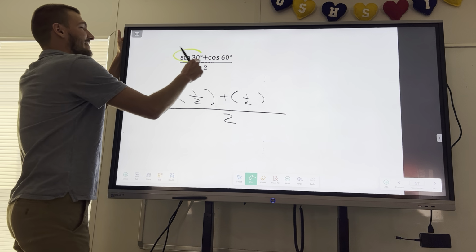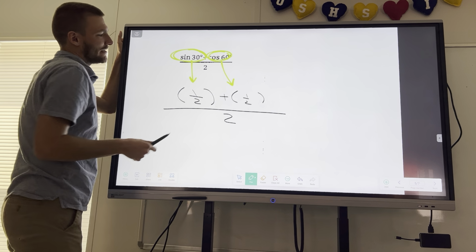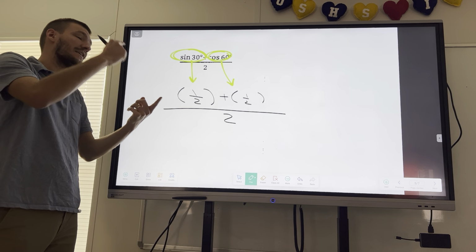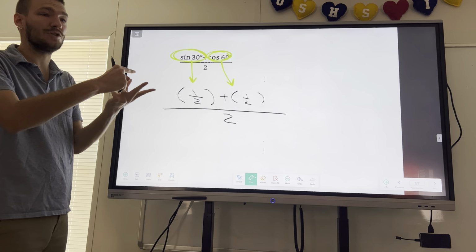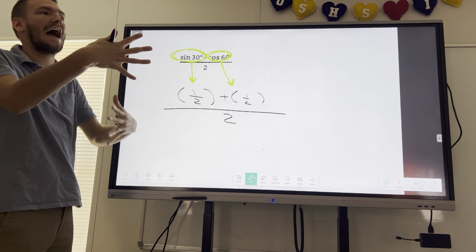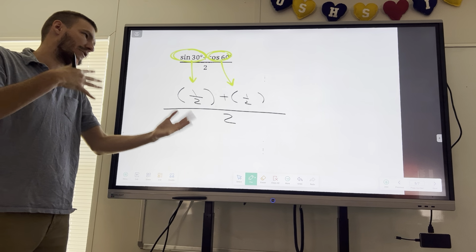Basically, I'm taking this sine and swapping it out for a 1/2. This cosine, I'm swapping it out for a 1/2. And I recommend that you do step 1, swap, step 2, solve. Don't do half of the swapping and half of the solving, because then you get lost in what you already did and what you did not do.